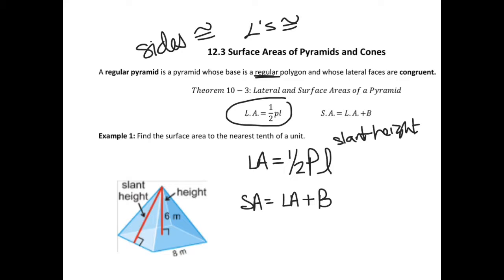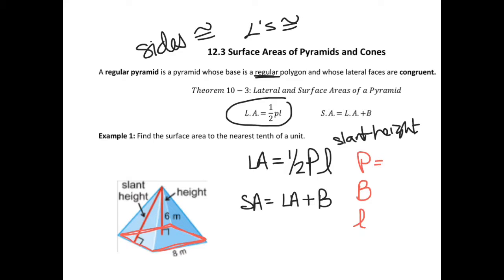So let's look at our first example. Our first example is a square pyramid. So same process as before. I always find the perimeter of the base. I always find the area of the base. And then we are going to identify the slant height every single time as well.